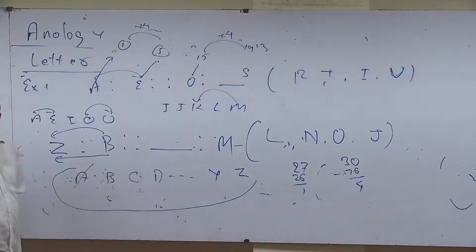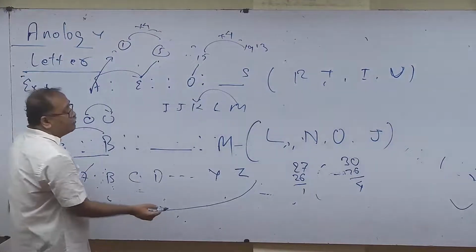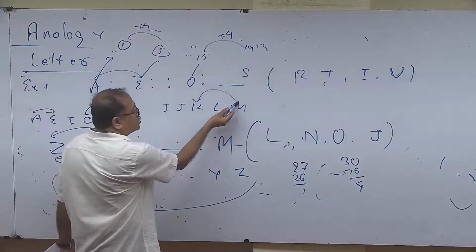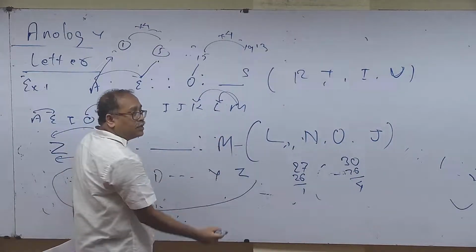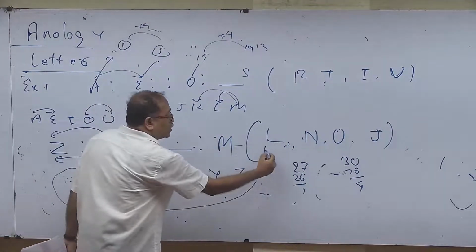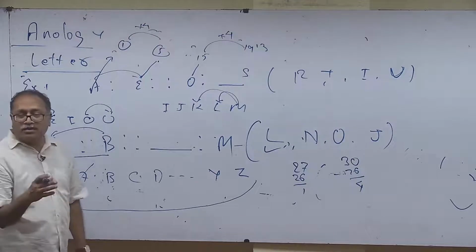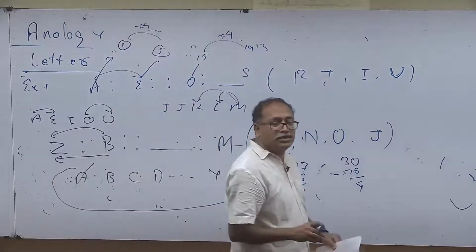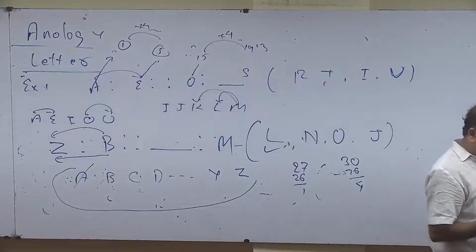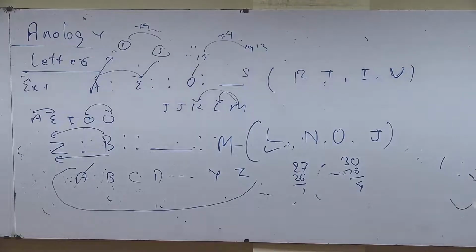Z. In the same way, before M, which is the consonant is L, so I should go for this option. So keep it in mind: preceding vowel, preceding consonant, succeeding vowel, succeeding consonant, and so on and so forth.